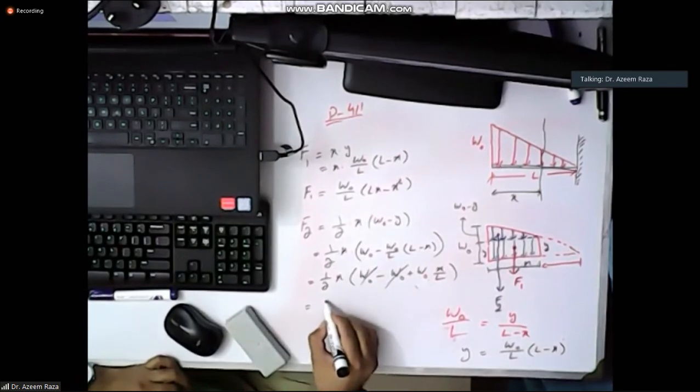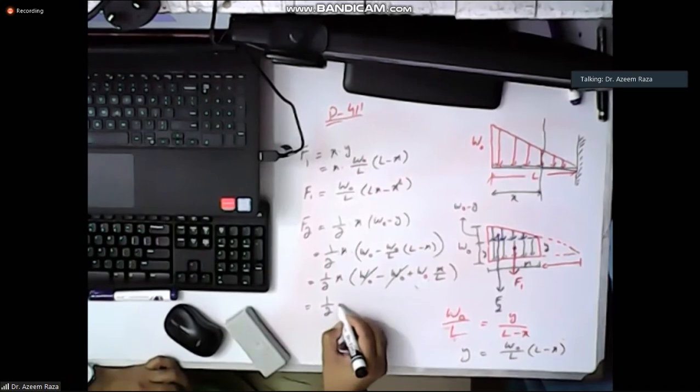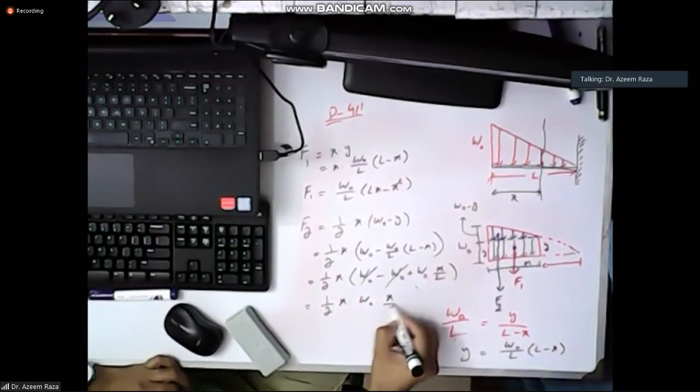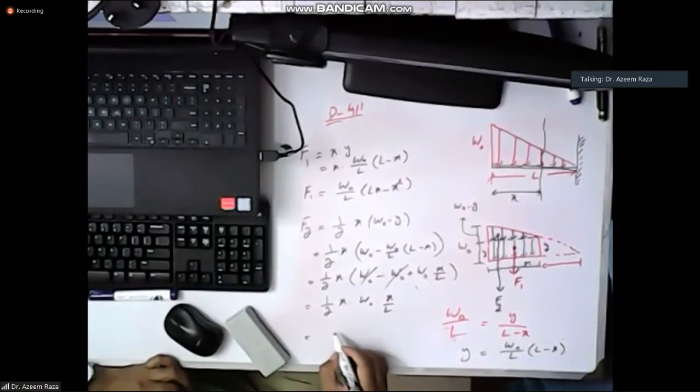So it is 1 over 2 X times W naught X over L. Simplifying, I can write W naught over 2L times X squared.